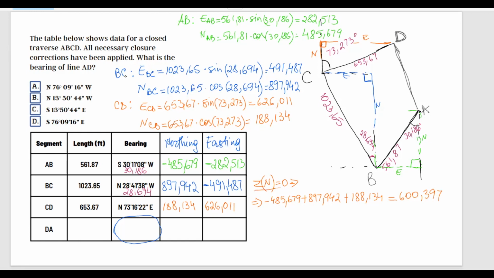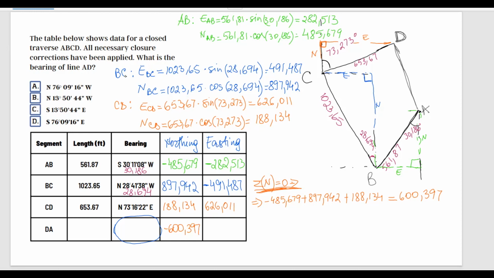So going back to my first property here, in order for this to be 0, the northing for line DA has to be the negative of that. So I have to get minus 600.397.